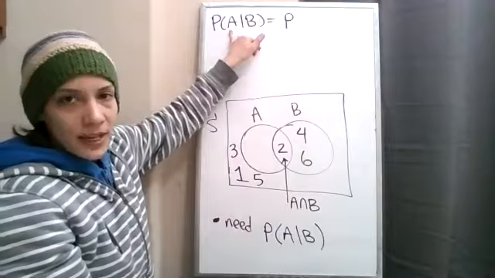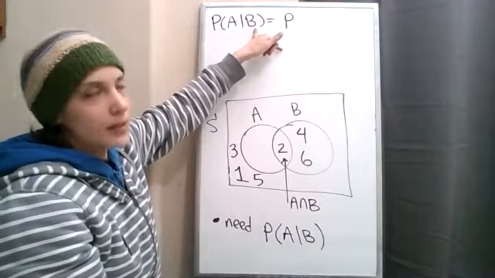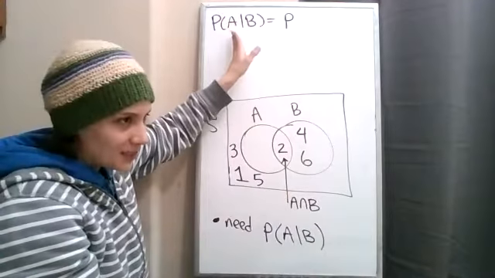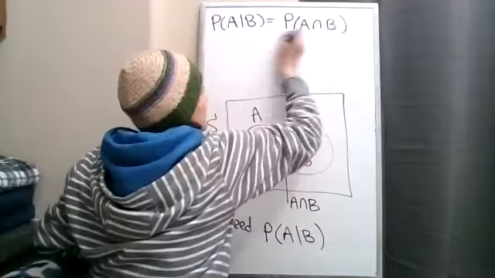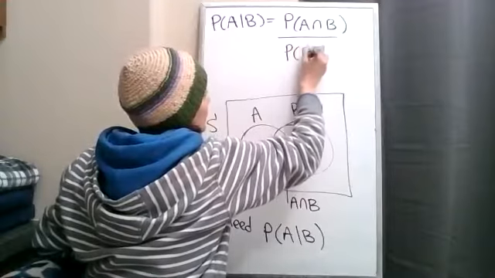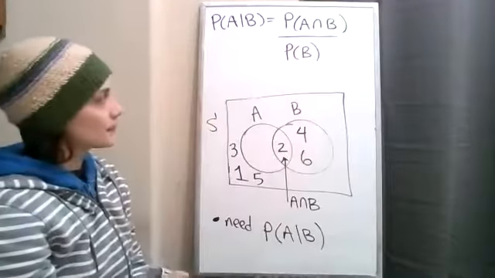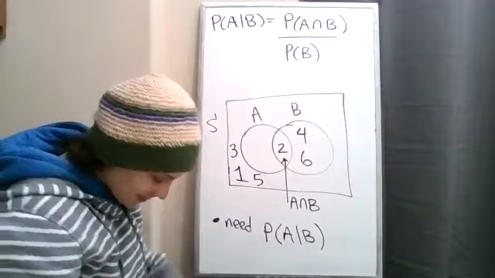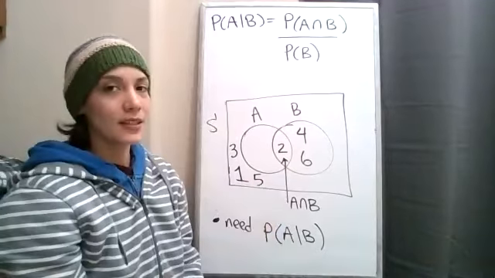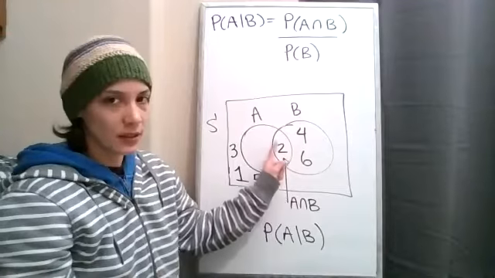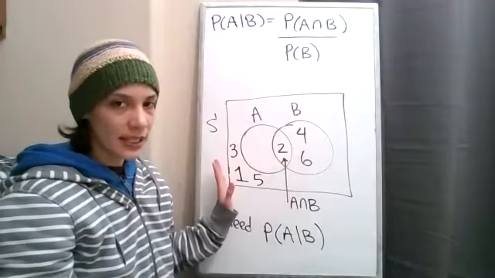It's the probability of A intersect B divided by the probability of B. So A intersect B contains 1 outcome, and so its probability is 1 out of 6.